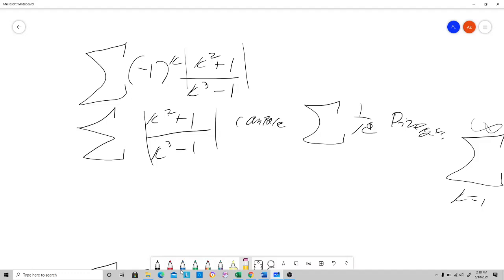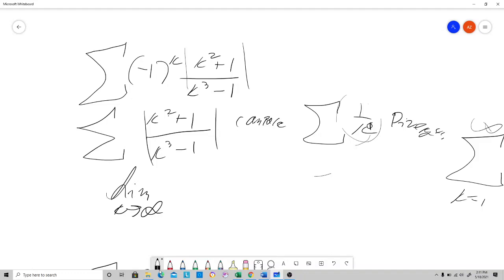So if I take the limit as k approaches infinity, I always put the series that I know converges or diverges in the denominator.